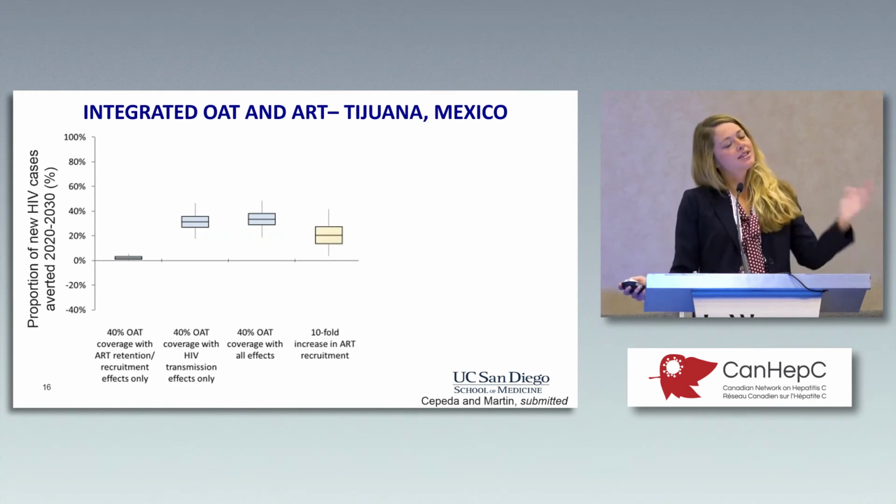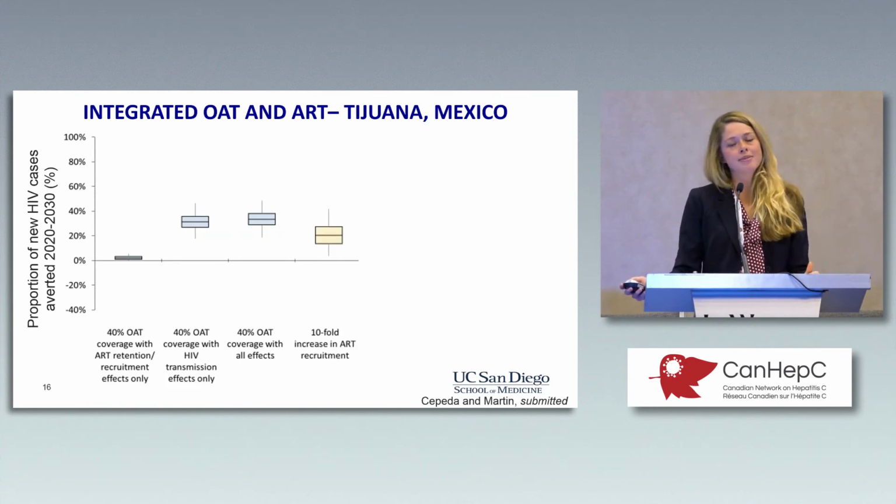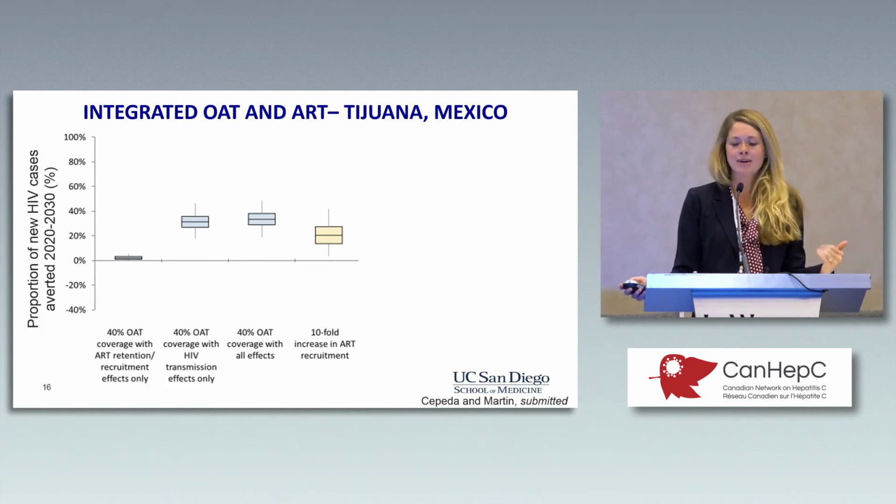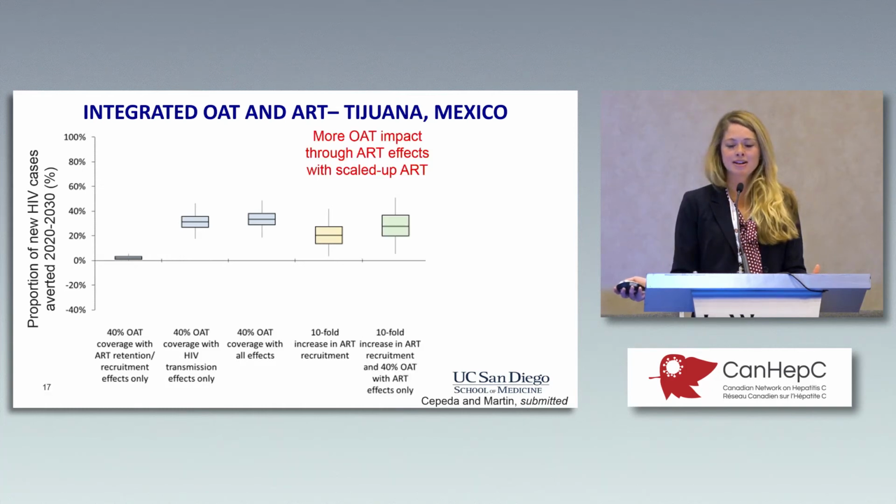Conversely, if we just scaled up ART recruitment by tenfold, which would achieve a level of coverage similar to the general population in Mexico, about 60% ART coverage, then we could reduce new HIV infections by about 25% in 10 years.